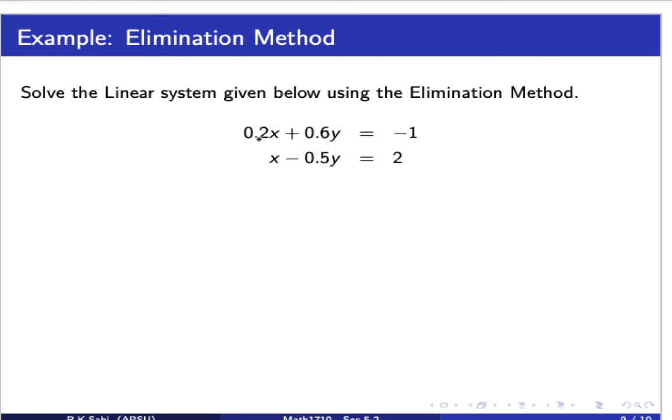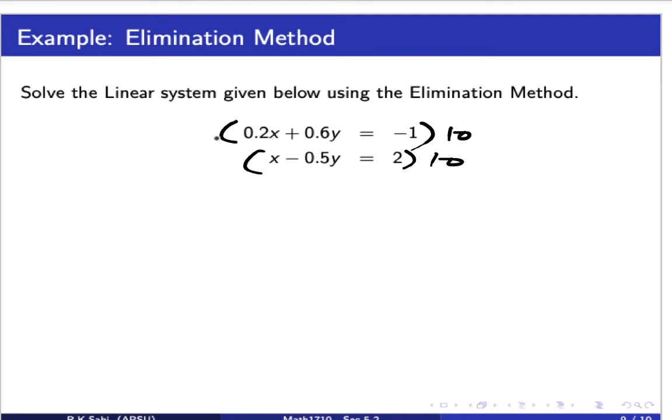If you have one decimal value after the point, you multiply the whole equation by 10. In the first equation, 0.2x and 0.6y each have one number after the decimal point, so to make my life simple, I'm going to multiply it by 10. The second equation is x minus 0.5y equals 2. Once again I see one decimal value, so I multiply by 10.